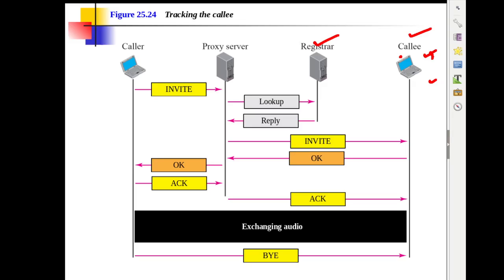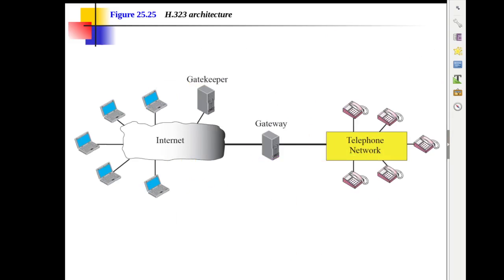Now if you want to see the other protocol, which is the H.323 protocol. So this is something about H.323. Actually it is a standard designed by ITU to allow telephones on the public network.